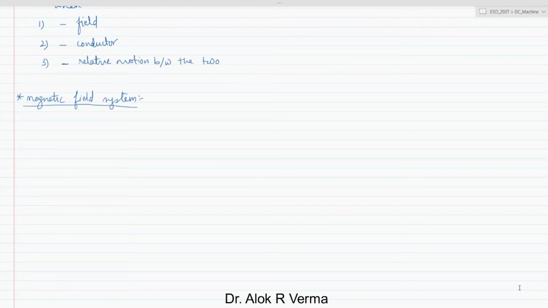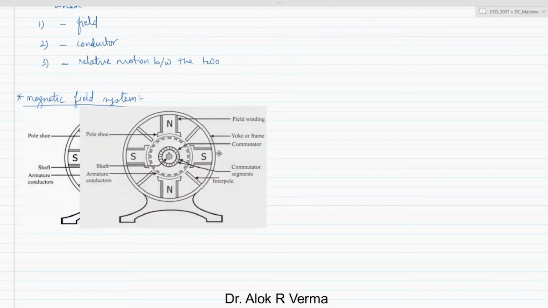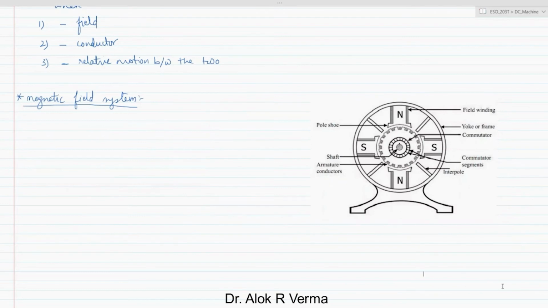As we see in this basic structure, the magnetic field is produced by the stator winding. So this is the stator winding. Here you see the field winding.